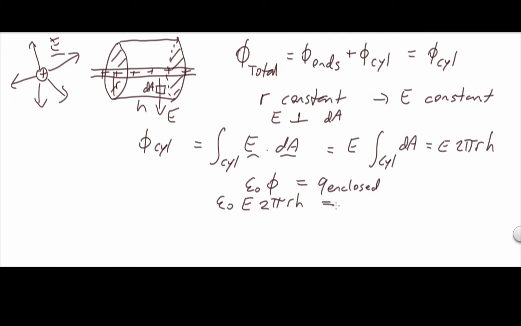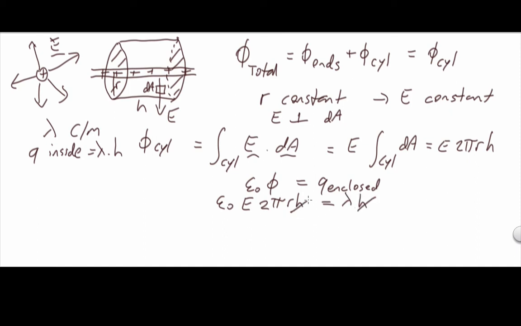And now the charge inside the cylinder: we have the charge density, lambda coulombs per meter, and so the charge inside will be the charge density times the length. So we have that equals lambda times h.